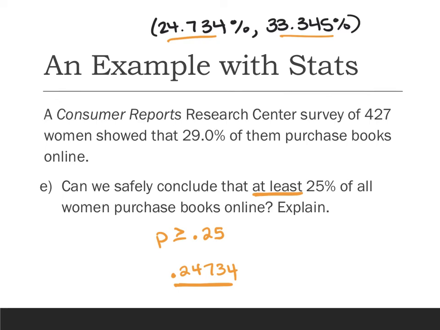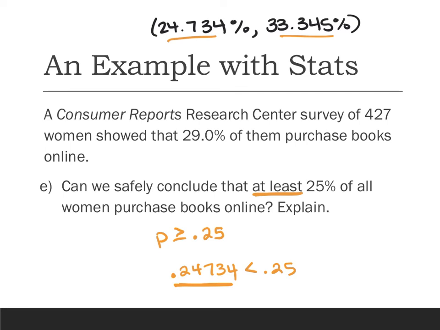There we go. So this is less than 0.25. Barely. And yes, this is an extremely small chance that our proportion is actually not at least 25%. However, that's what our confidence intervals are. This is the absolute minimum and absolute maximum that we're going to allow with our 95% confidence.